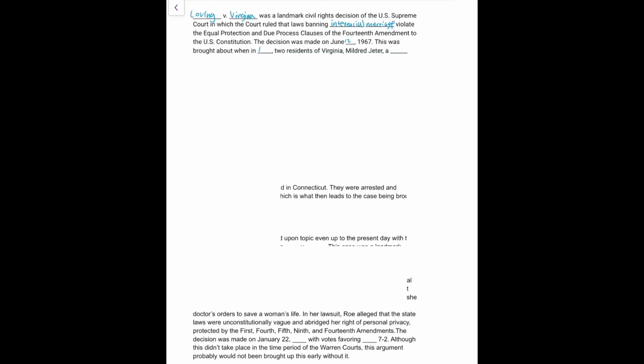This was brought about when in 1958, two residents of Virginia, Mildred Jeter, a black woman, and Richard Loving, a white man, were married in the District of Columbia. The Lovings returned to Virginia shortly thereafter.